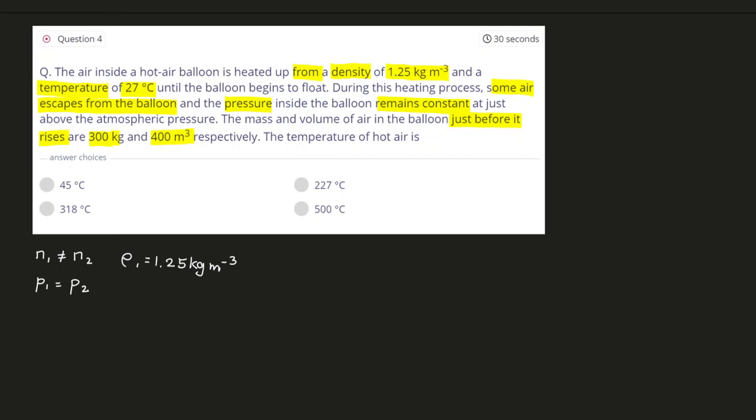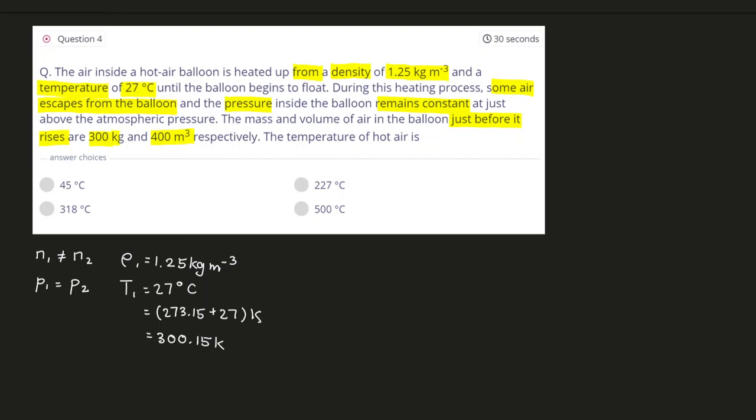Then the initial temperature, T1, is 27 degrees Celsius, which after a bit of conversion, 273.15 plus 27, in terms of Kelvin, is 300.15 K. So these are the initial things that we know.